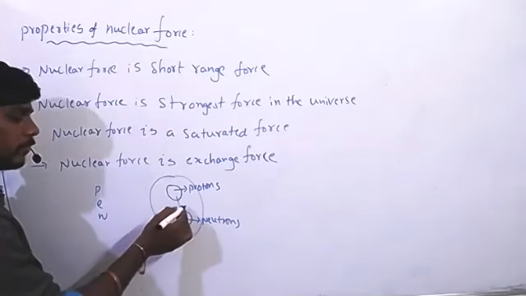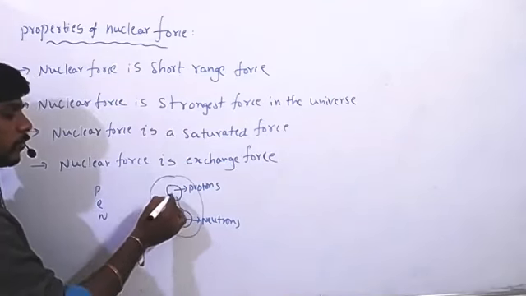Proton will give pi mesons to the neutron, and neutron will give pi mesons to the proton.